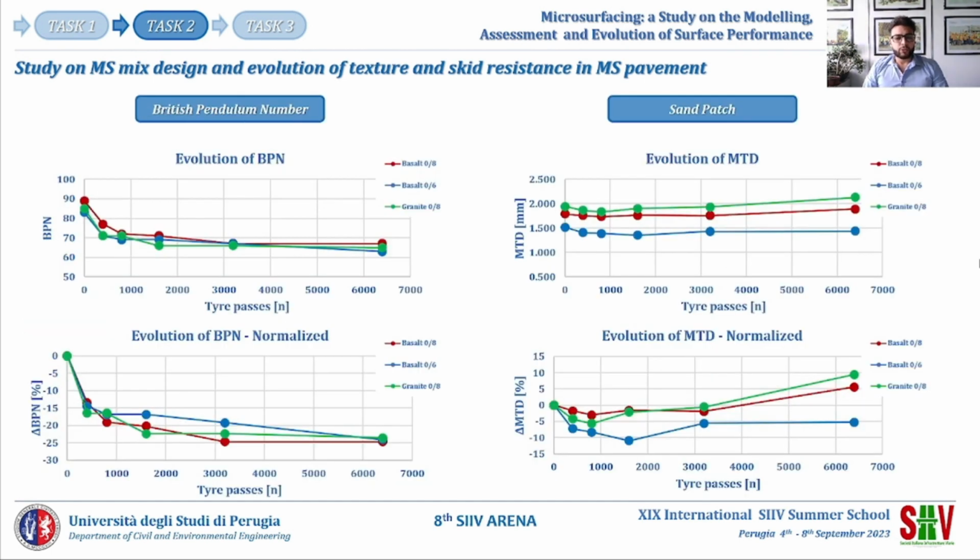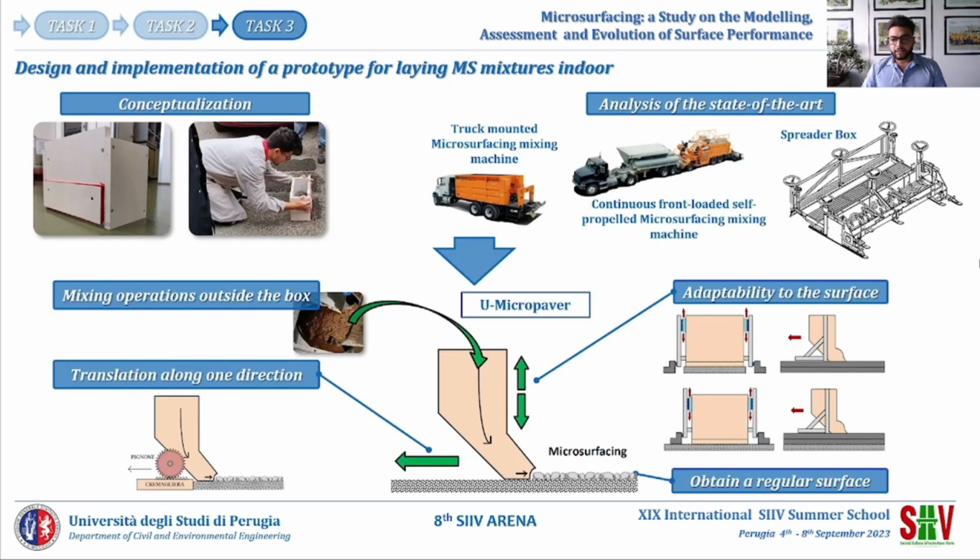Here I show you some raw data about the evolution of the skid resistance in terms of BPN and MTD, whereas in the graphs below, the results are normalized and in percentage with respect to the initial phase, time t0.